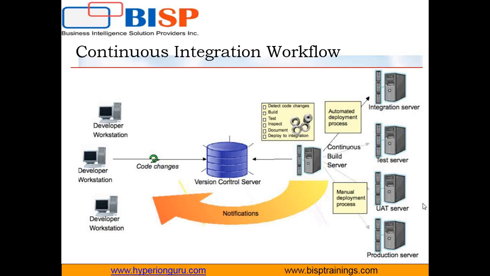Let's try to understand the continuous integration workflow through various phases. The first step is at the developer's workstation. The developers are working on their local machines, and once they are ready to submit their code changes or updated code, they commit them to the central source code repository.